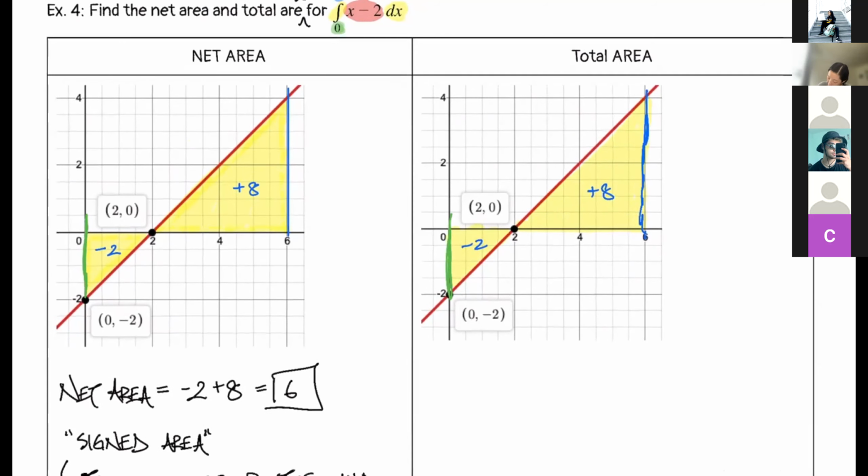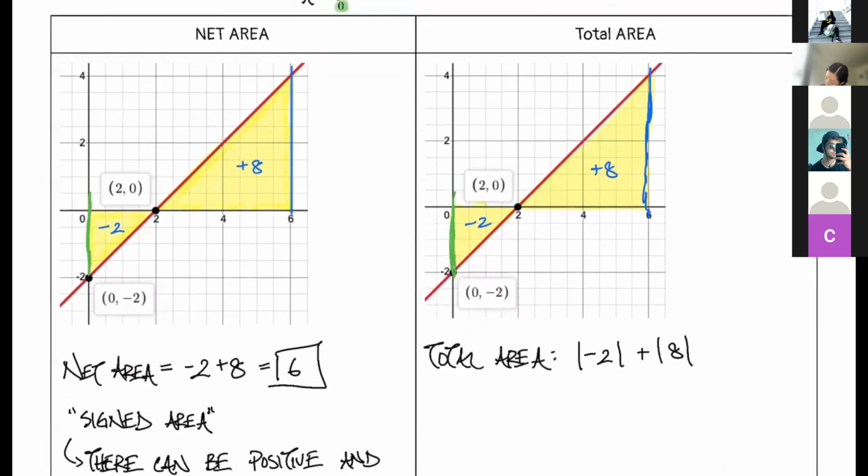However, when we add them together, we're going to take the absolute value of each piece and then add them together. So -2 absolute value plus 8 absolute value will give us 2 plus 8, or 10. Okay.